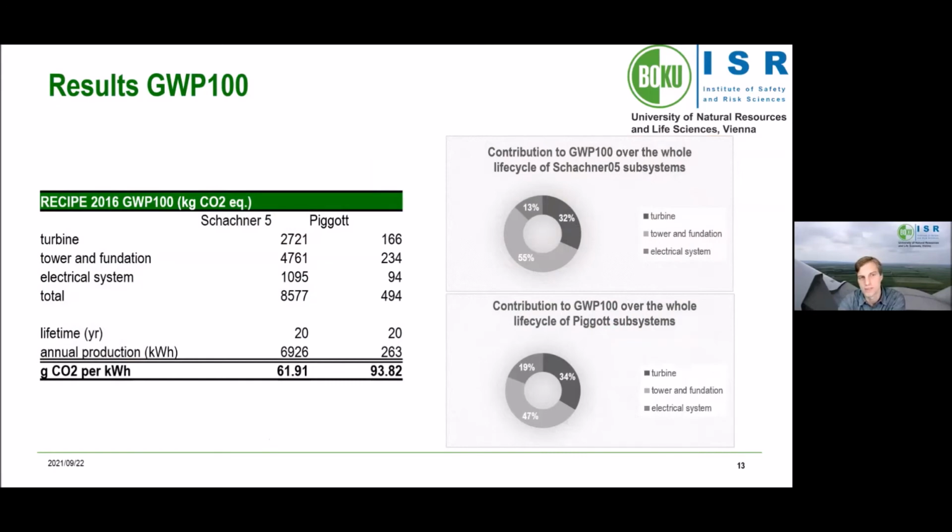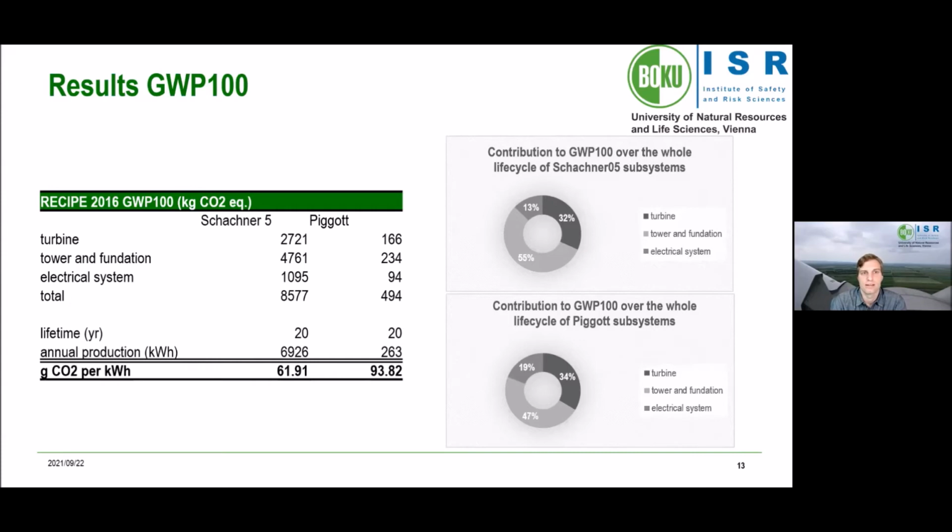So we have, for example, 2,700 kilograms of CO2 equivalent produced in an expected lifetime of 20 years. And so what we get is 62 grams of CO2 equivalent per kilowatt hour.